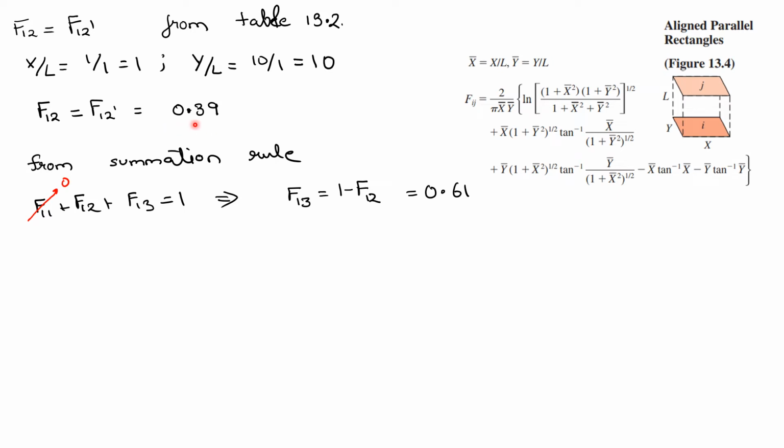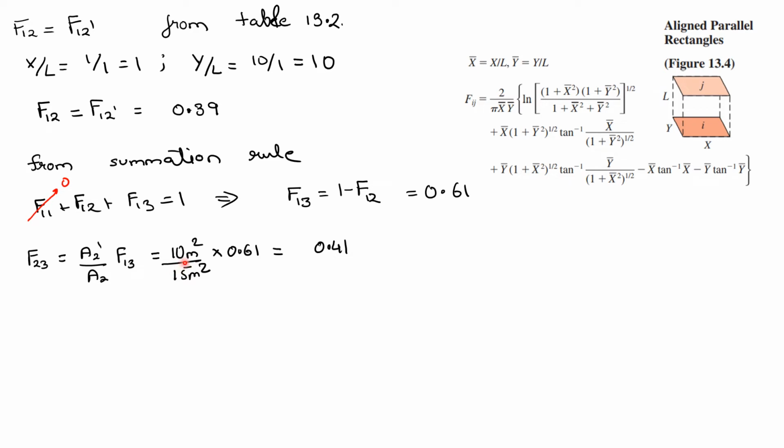So now we know what is F12, we know what is F13, and we had developed a relation for F23 in terms of F13, which was F23 equals A2 prime divided by A2.